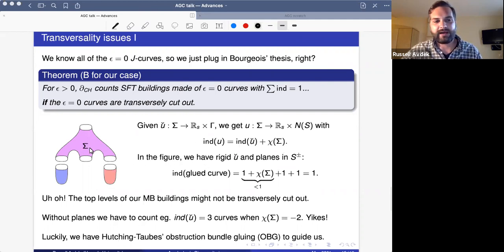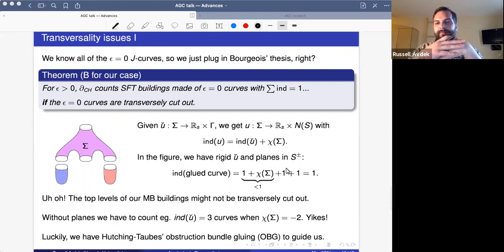In this figure, I have a holomorphic curve in the dividing set with 3 negative punctures. Then I cap off 2 of the negative punctures with planes in the positive and negative regions. This gives me a configuration whose total index is 1. But that's because the index of the top piece is -1, and the indices of the bottom pieces are +1.